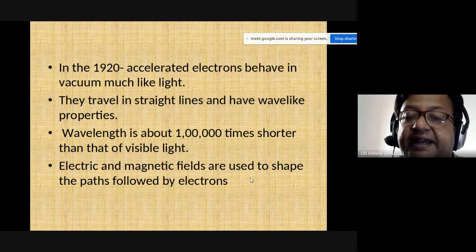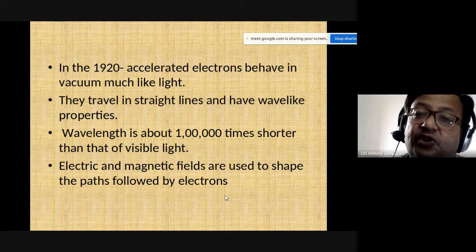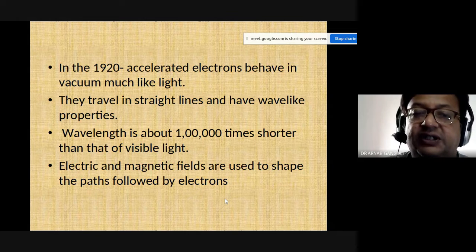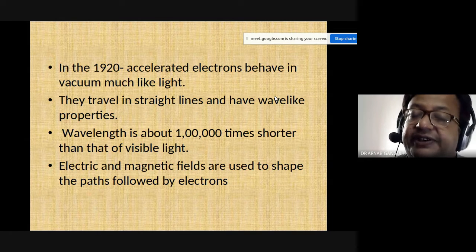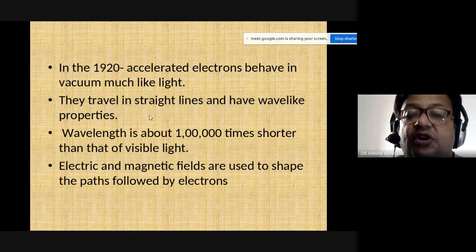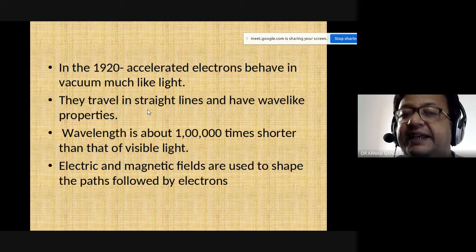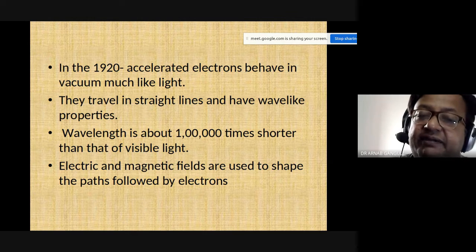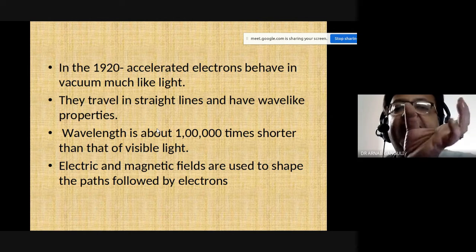Electric and magnetic fields are used to shape the paths followed by electrons. Electrons also travel in straight lines, and like light, they have wave-like properties. Instead of glass lenses, you are using electric and magnetic fields that act like lenses.